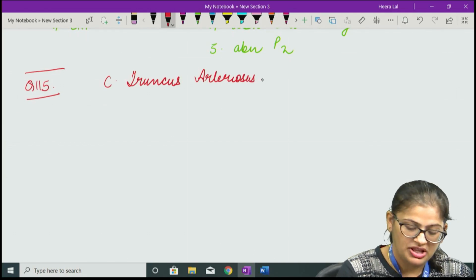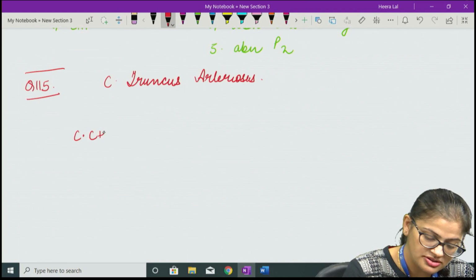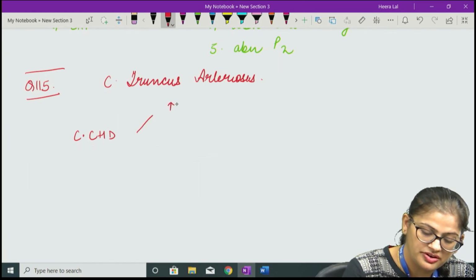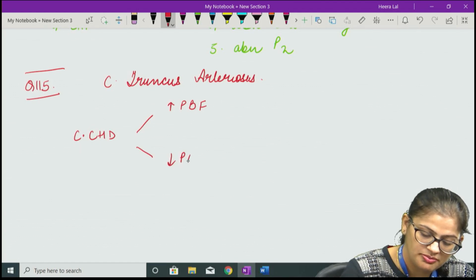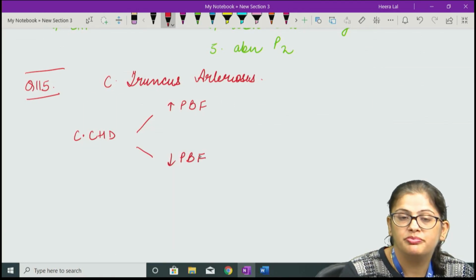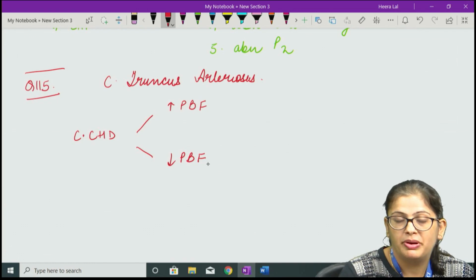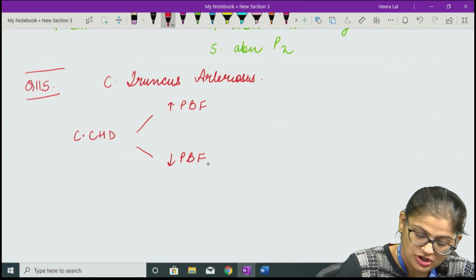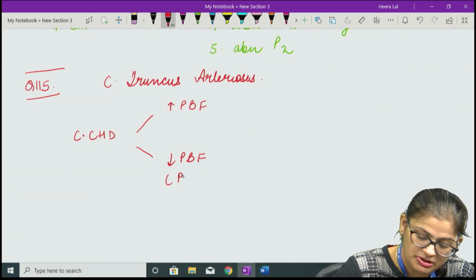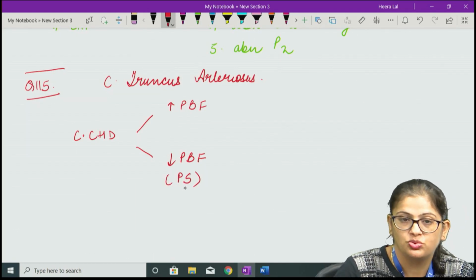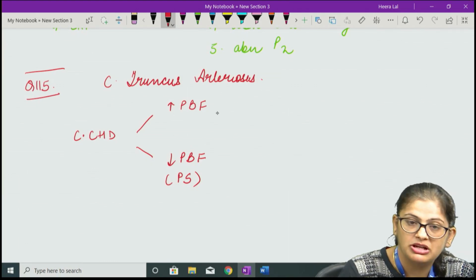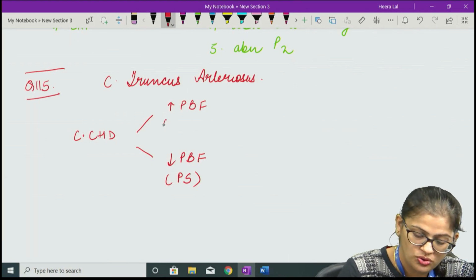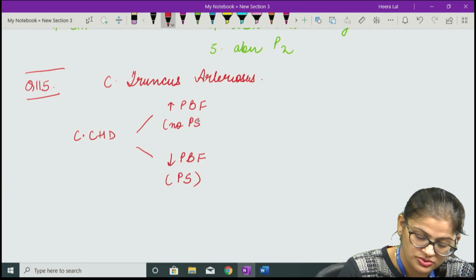So you should know that cyanotic congenital heart diseases can either have increased pulmonary blood flow or decreased pulmonary blood flow. Now this will depend upon the presence or absence of pulmonary stenosis. So if there is decreased pulmonary blood flow, that means there is pulmonary stenosis, and in case of increased pulmonary blood flow, there is no pulmonary stenosis.